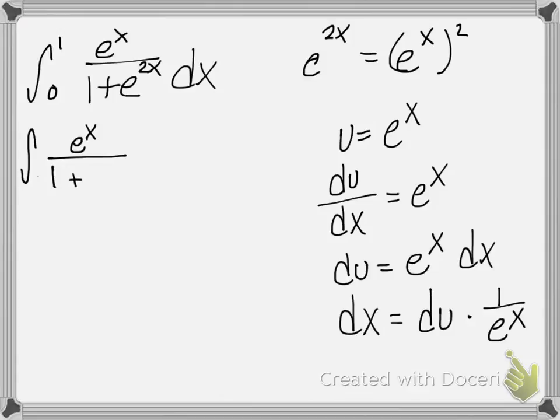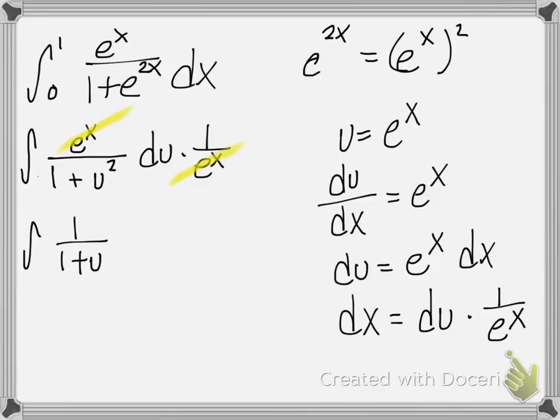Now here I'm going to sub in u, so it's going to be u squared, and dx was du times 1 over e to the x. And now you can see why I left the top e to the x there, so those will cancel out, and we're going to be left with the integral of 1 over 1 plus u squared du.